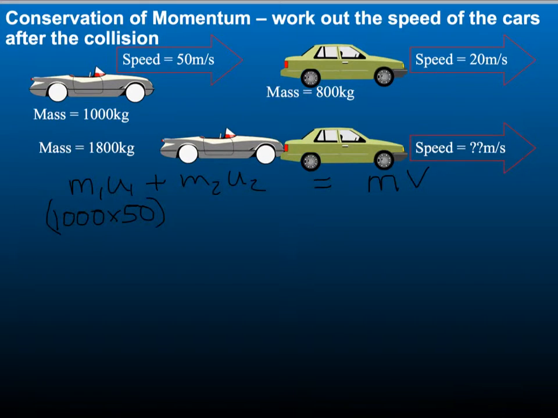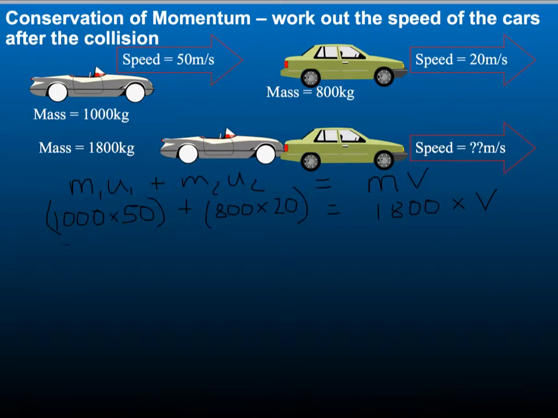Remember, that needs putting in brackets because you need to do that calculation before you add the next one on. Our object 2 is 800 and its initial velocity is 20, and that equals the mass of the new object, which is 1,800, times v, which is our unknown.